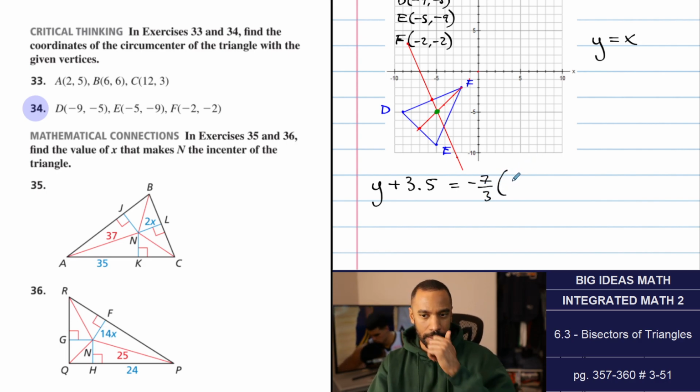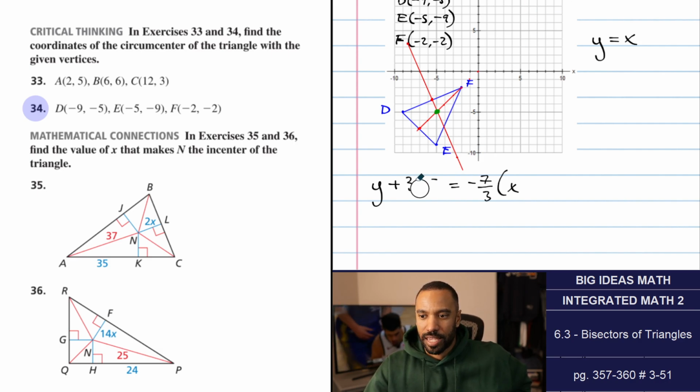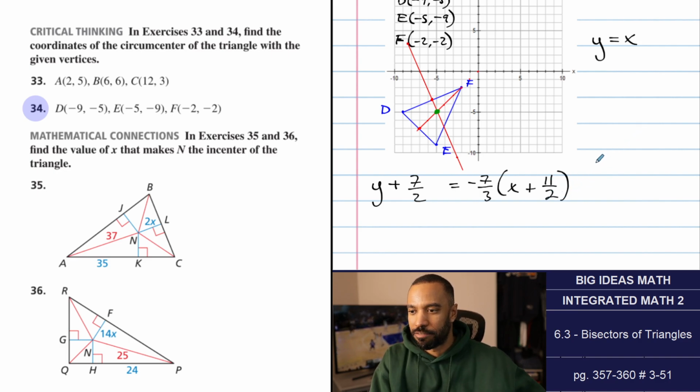Negative 7/3 times x. So I have to write this as fractions. I can't write 3.5, I'm going to write 7/2. Negative 7/3 in x plus 11/2. This is the negative 5.5 thing.